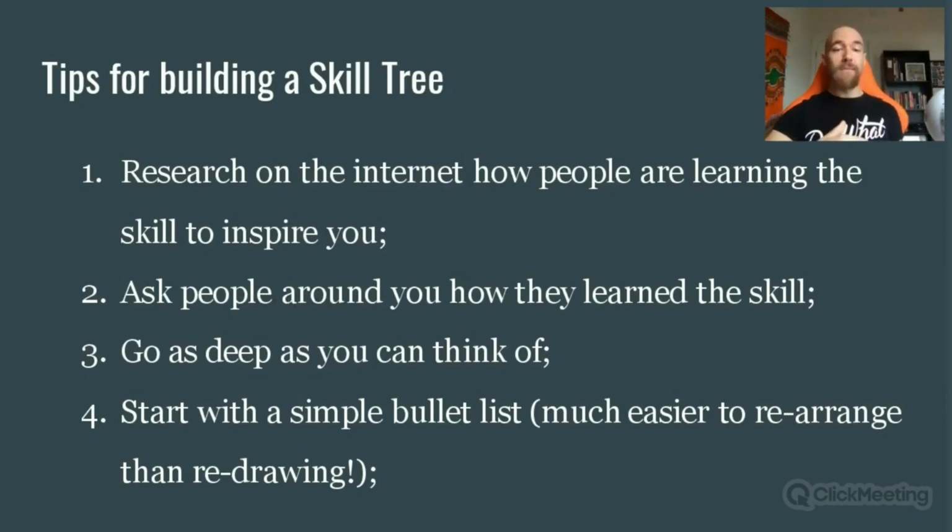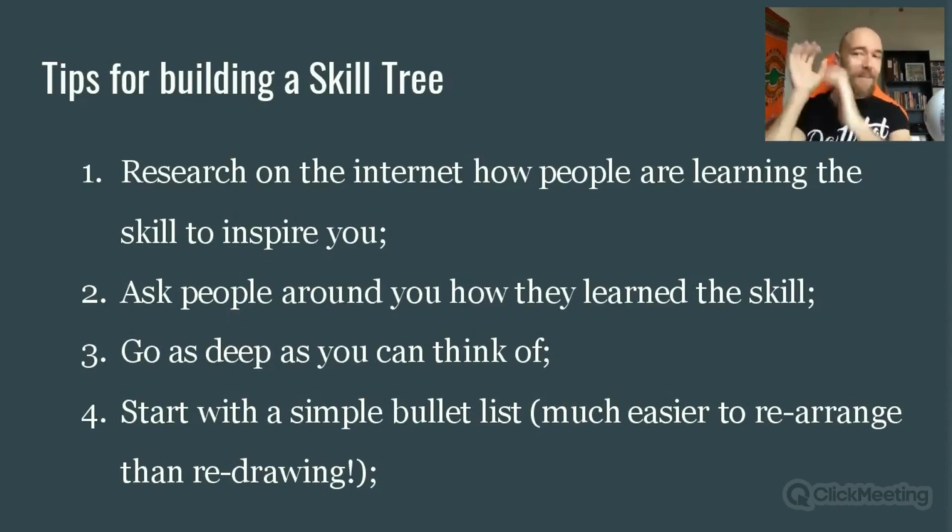Second, ask people around you how they learn the skills. So if you have friends that learned to speak English, to play the guitar, learn to draw, ask them, how did they learn it? Was it useful? What did they like or not like about the approach? And always go as deep as you can.